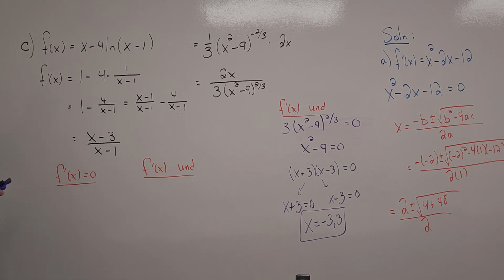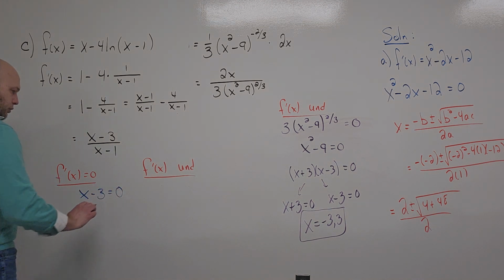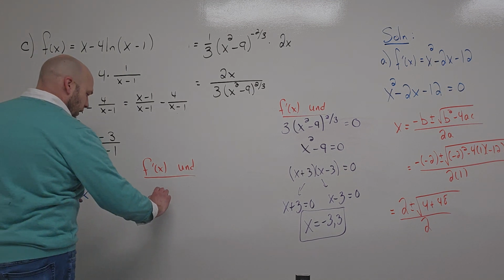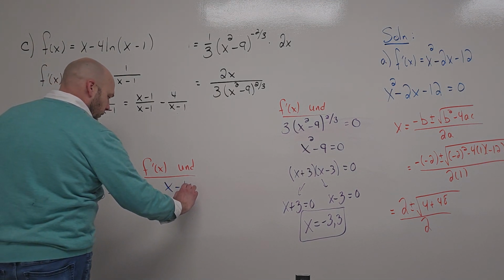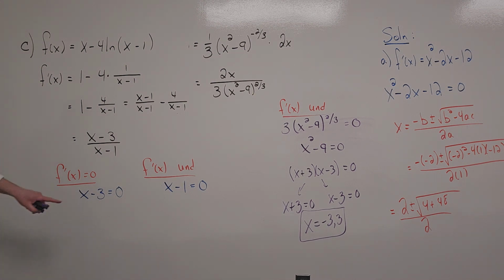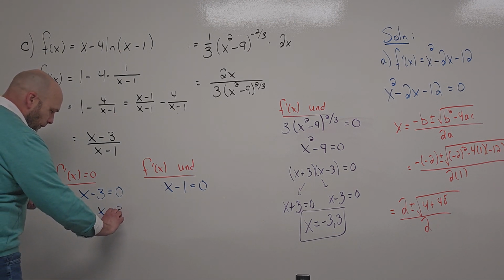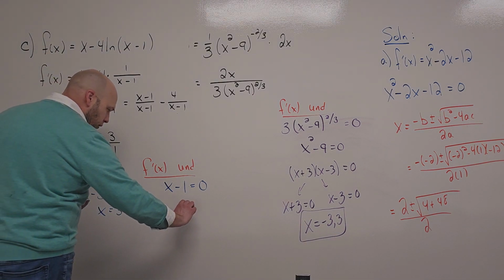Just like before, for the derivative equal to 0, I will set the numerator equal to 0, and for the derivative being undefined, we'll set the denominator equal to 0. For this one, of course, these are super simple to solve. I just add 3 to the other side, so I get x is equal to 3. Over here, I get x is equal to 1.